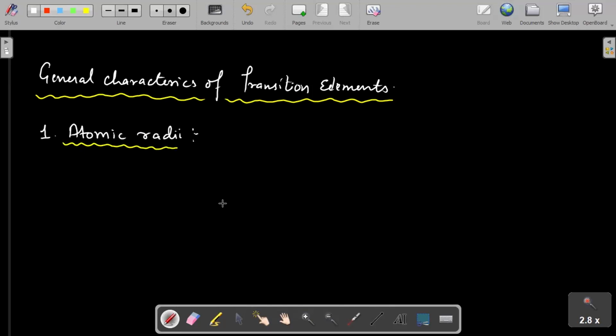The atomic radii of transition elements are smaller than those of S block and larger than those of P block elements.